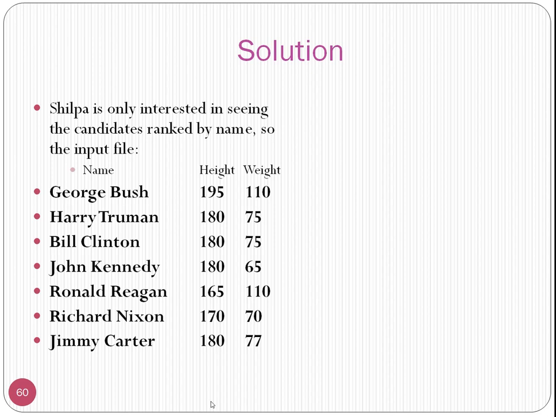So the list consists of 7 partners, and from that we need to identify who is the first partner, or who will be the dancing partner with Shilpa.